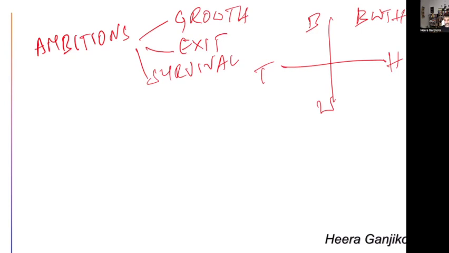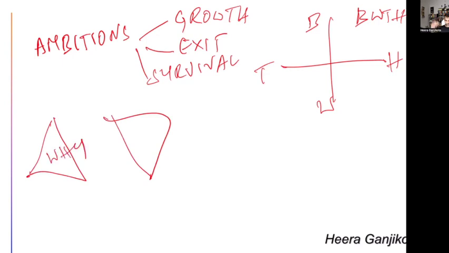Then we looked at another tool, the 2 triangles, the why and the what: the upward pointing triangle and the downward pointing triangle, which is about identifying the problem. Once you figure out the context and the area in which you want to contribute, you need to figure out the why and the what. We looked at 3 elements for each.